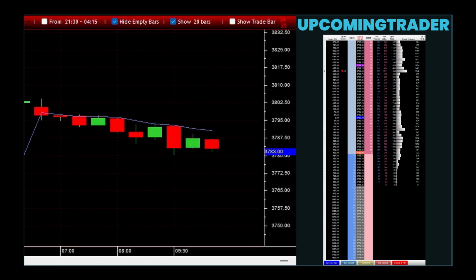For example, in a 3 outside down pattern, the first candle is bullish within an uptrend, followed by a larger bearish candle that engulfs the first one, and a third bearish candle that confirms the reversal by closing lower than the second candle's close. Traders interpret this as a strong sign of a potential reversal.